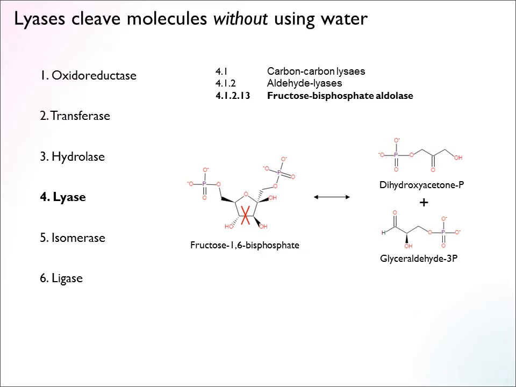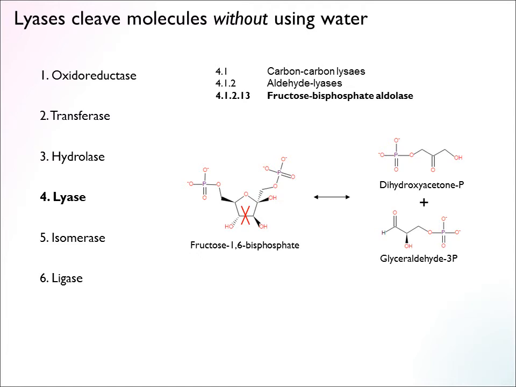The lyases are a family of enzymes that also cleave molecules, but this is fundamentally different because the lyases cleave molecules without using water, which means that there is no addition of water into these molecules. A classical example is the aldolase that we have seen in glycolysis.